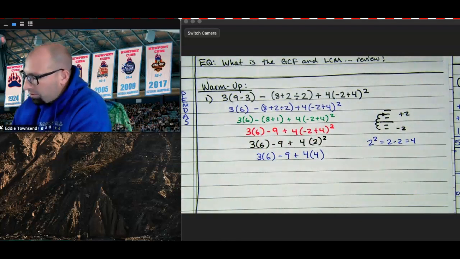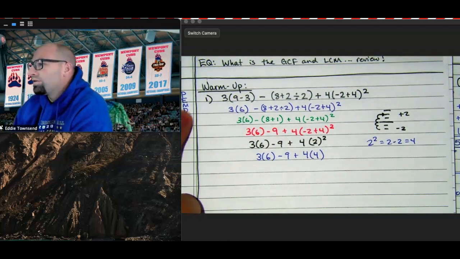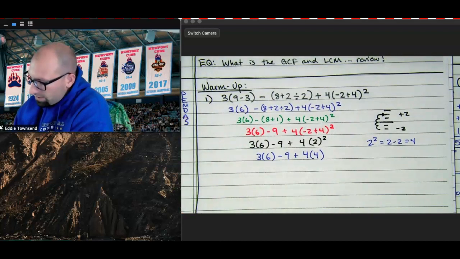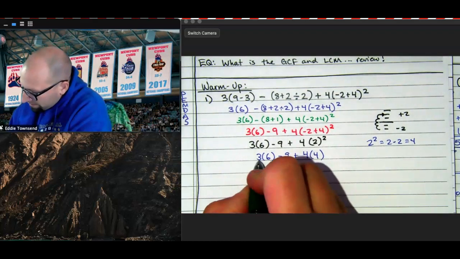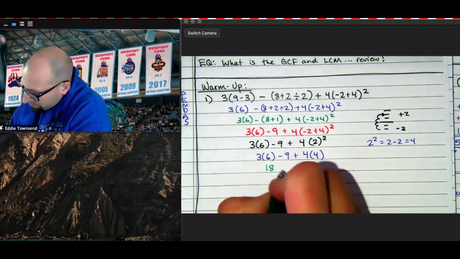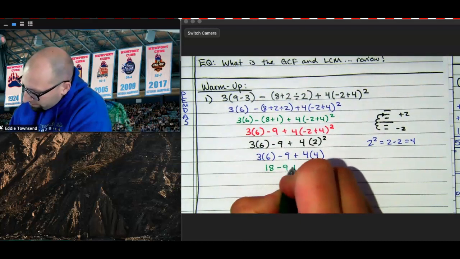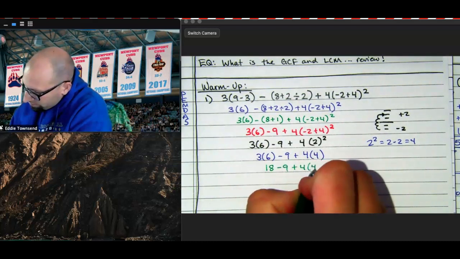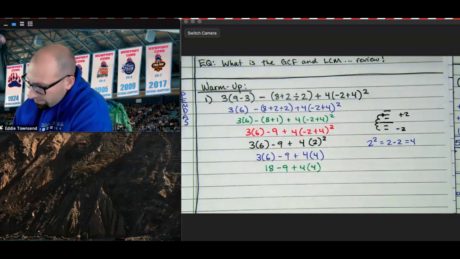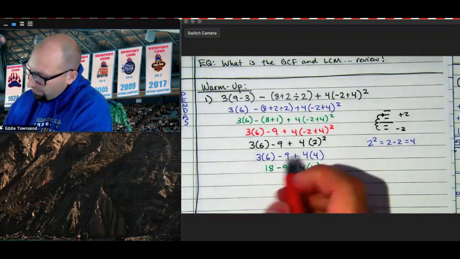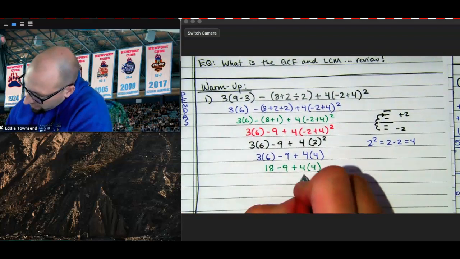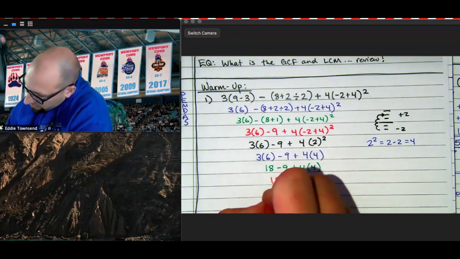Now we're to the multiplication division, left to right. Okay? So we start here. 18. 3 times 6 is 18. Everything else comes down. Okay? So now we've got 4 times 4, which is 16. Everything else comes down.